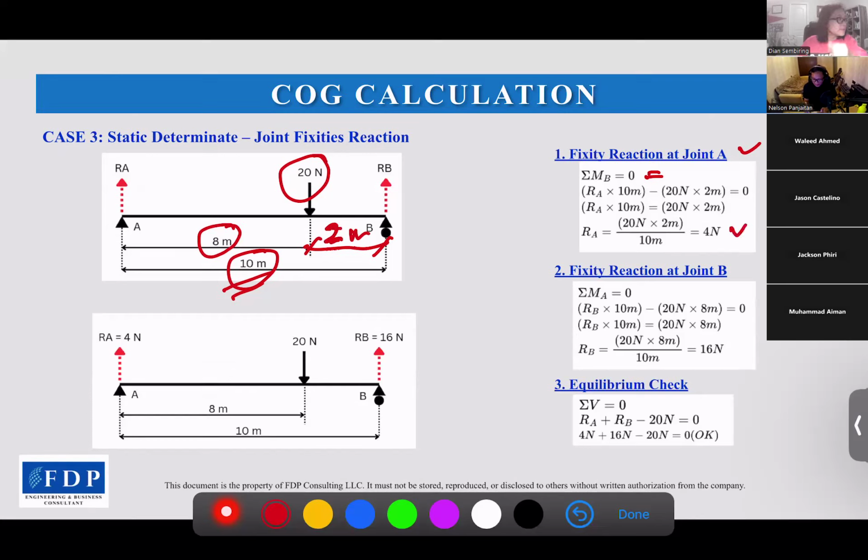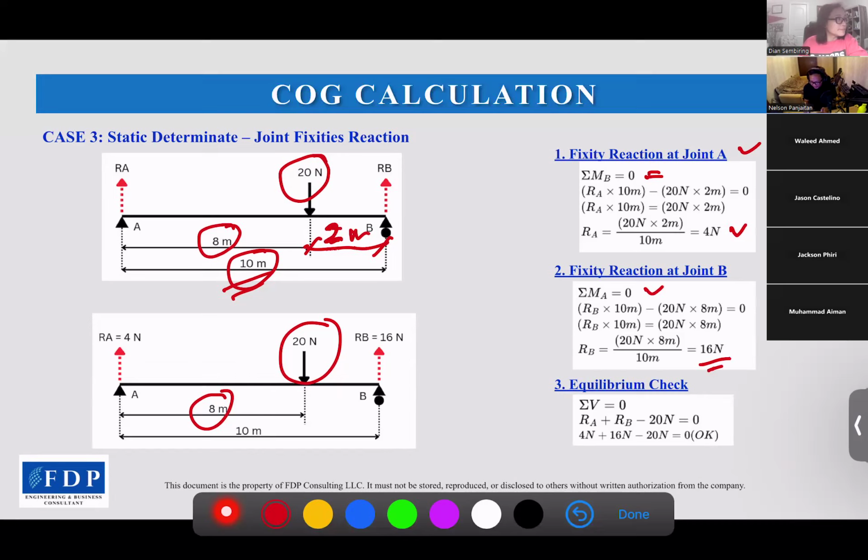For the reaction at joint B, we use the same process. We use the total moment at A equals 0. What is the moment at A? It's RB times 10 meters minus 20 Newton times 8 meters. So we get RB is equal to 16 Newton.